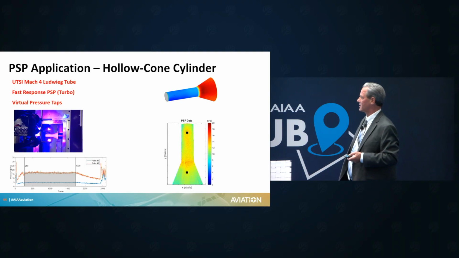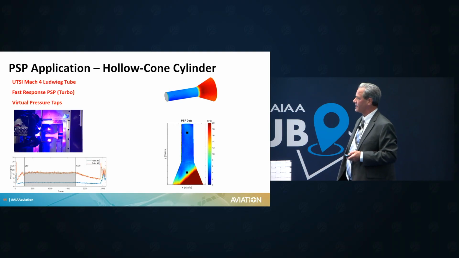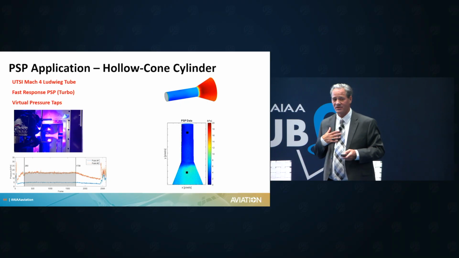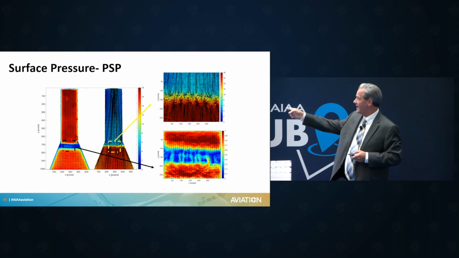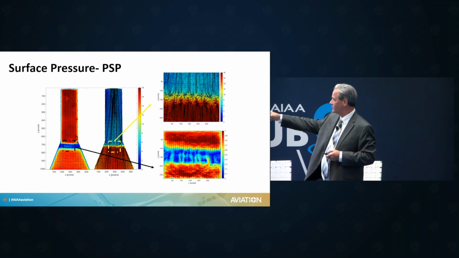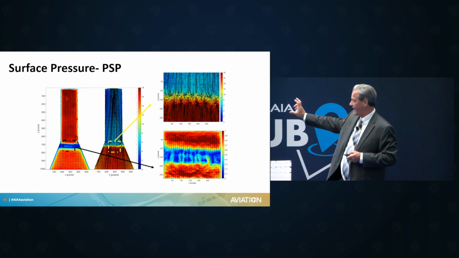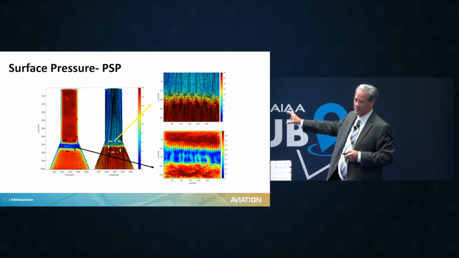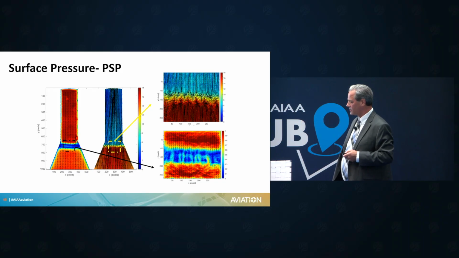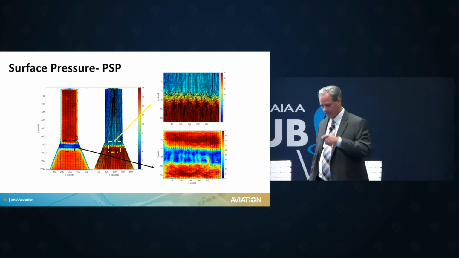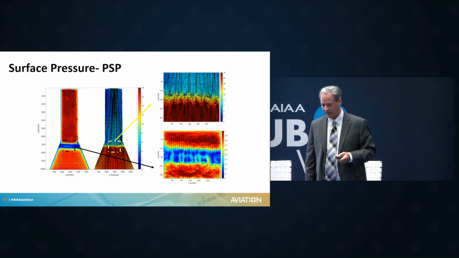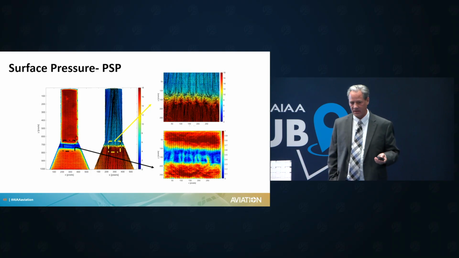And a hollow cone cylinder. Again, I don't know much about this, but I do know that the surface pressure, PSP, and you have these boundary layers. So the fact that we're able to measure the surface pressure at these different boundary layers could have effects on, a friend of mine at the University of Illinois, wind engineering.